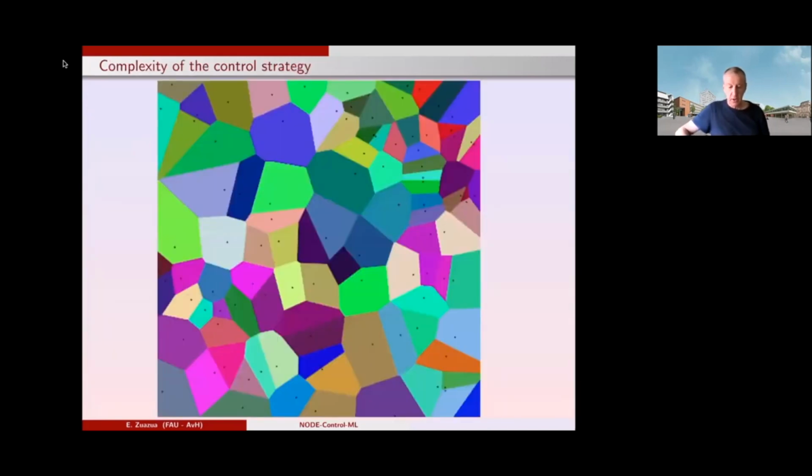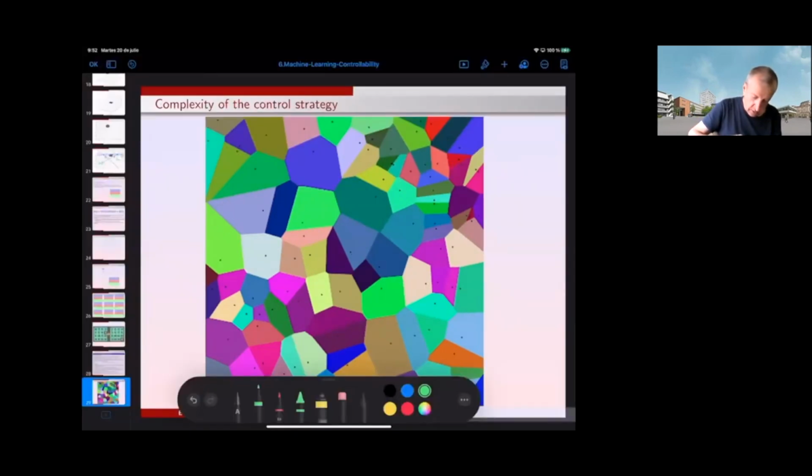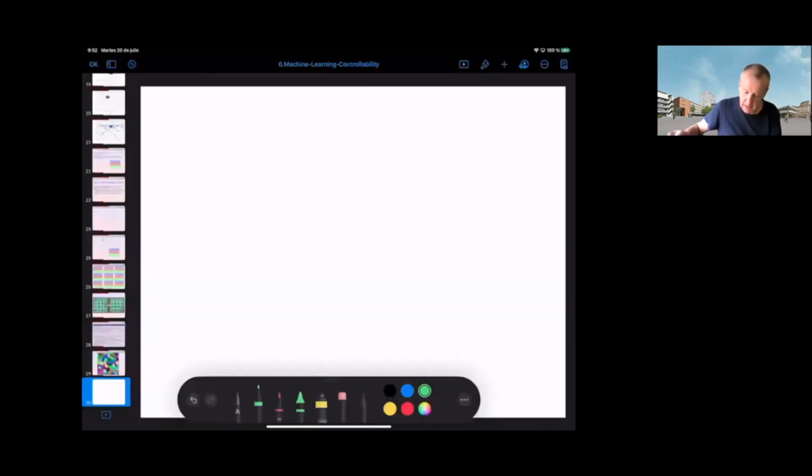Then you see that this is very much also related to other concepts like Voronoi diagrams and so on. You could think on all these kind of links, on whether the complexity problems we have considered are related to other concepts like Voronoi diagrams.